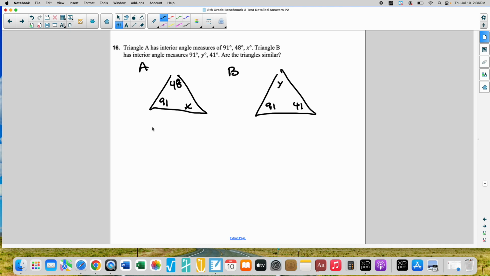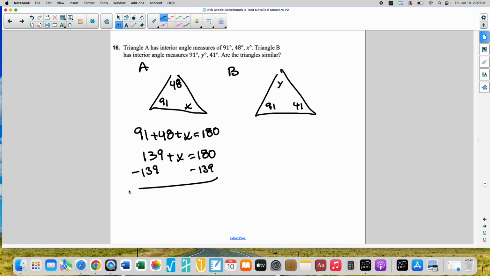So what is this missing side? 91 plus 48 plus x equals 180. So that is going to be 139 plus x equals 180, minus the 139. X gives me 41 degrees.